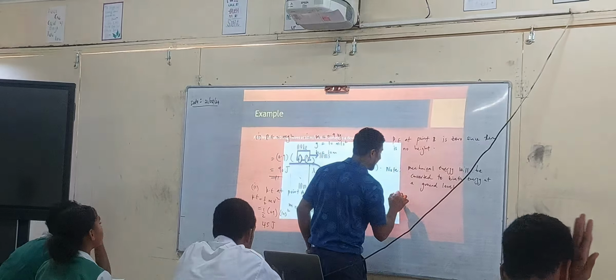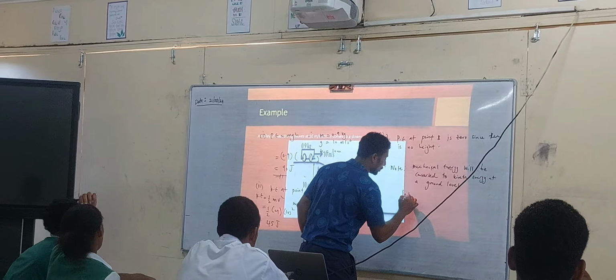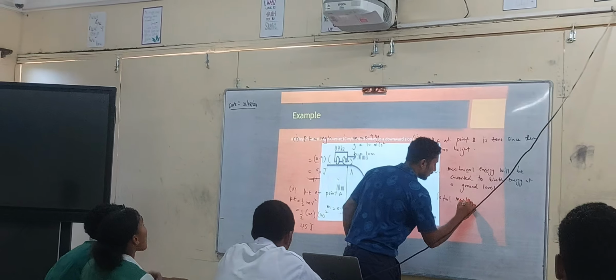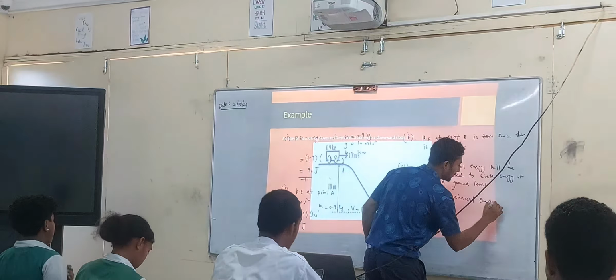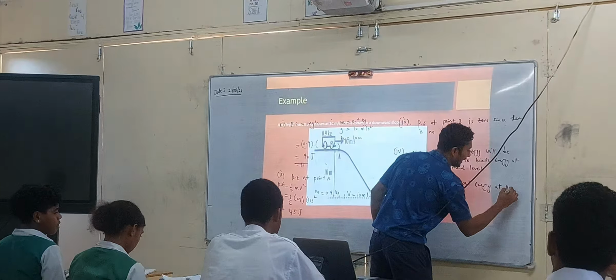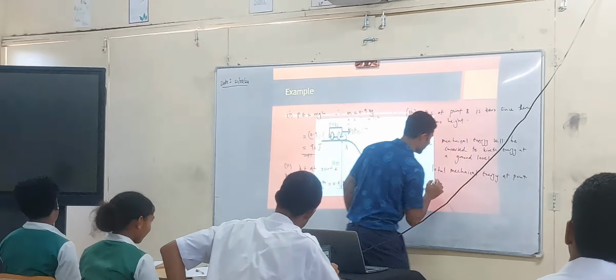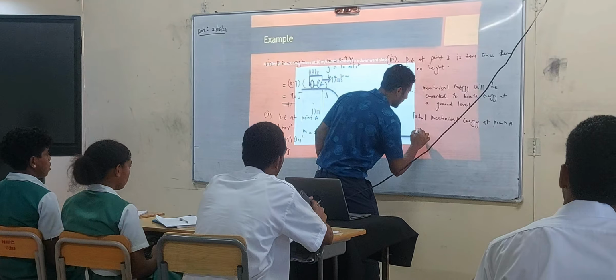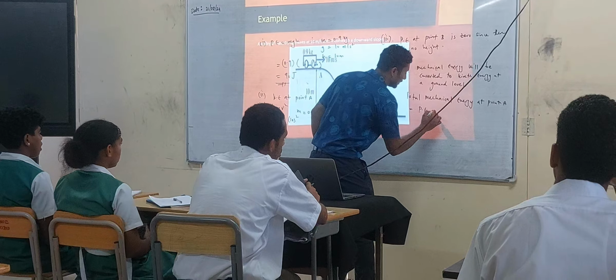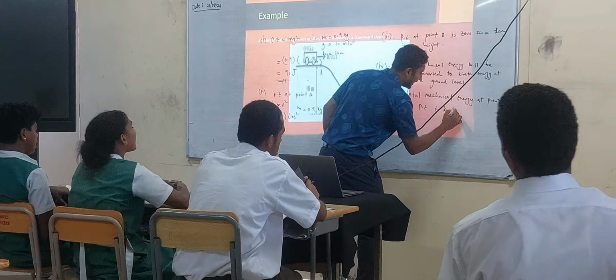So what was the total mechanical energy? Total mechanical energy at point A. What we need to do: total mechanical energy is equal to potential energy plus kinetic energy.